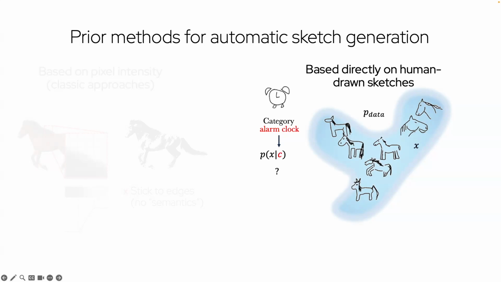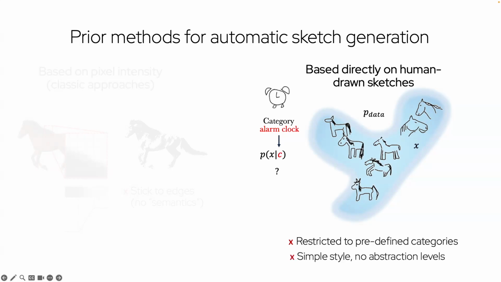Once you want to predict some concept that was not seen in training, for example, this alarm clock, it is clearly out of the distribution. So by design, all these methods fail. All of these methods were restricted to some predefined set of a few hundred categories like cat, dog, and so on. And also naturally, since humans need to draw these things, usually they depict a very simple content style and low levels of abstraction.